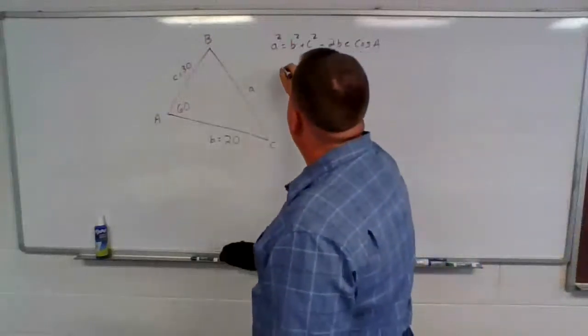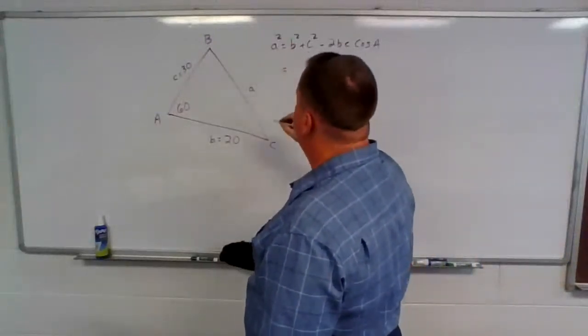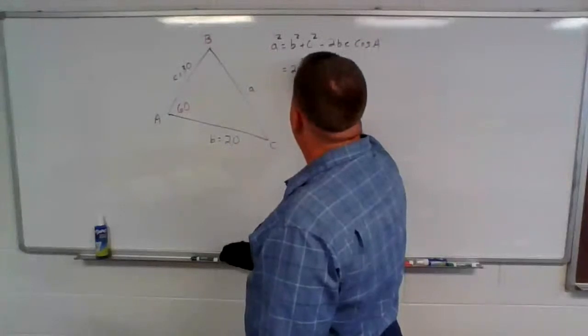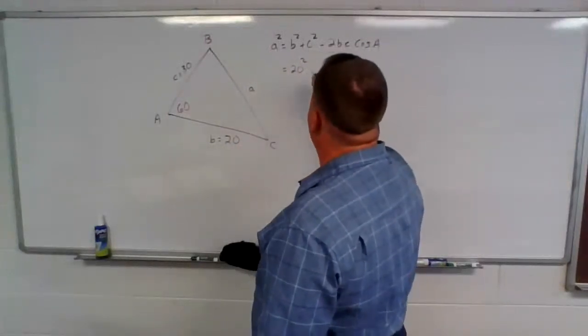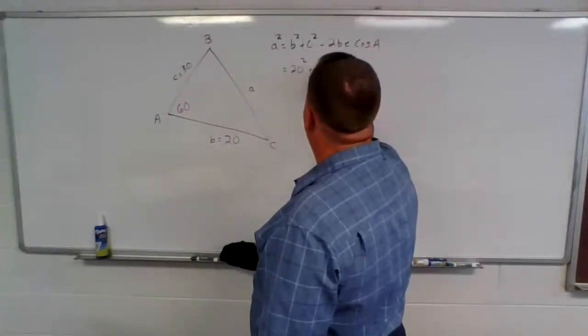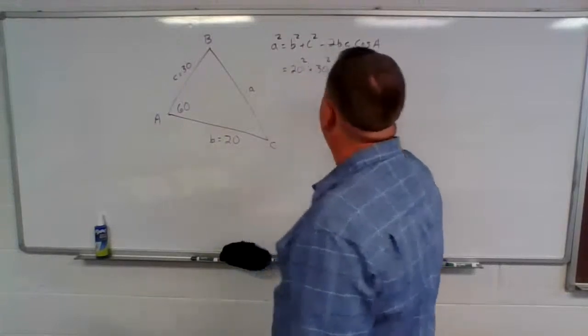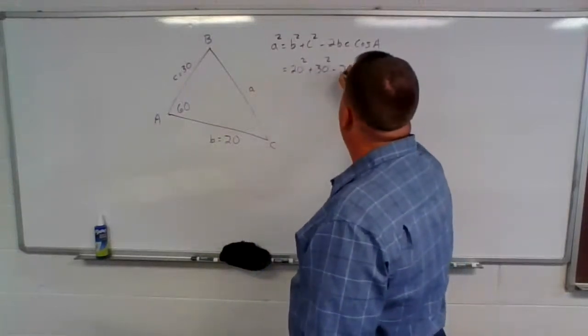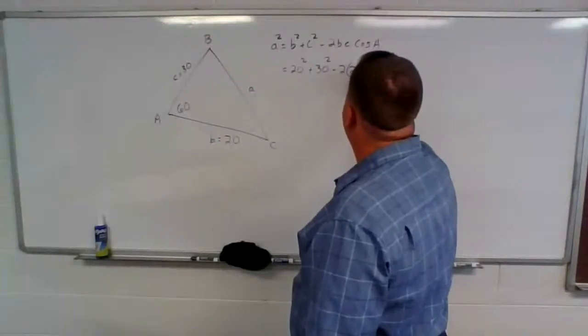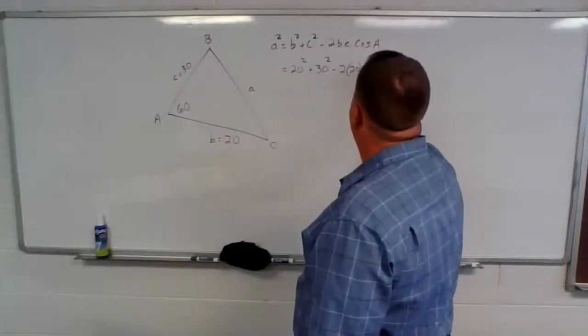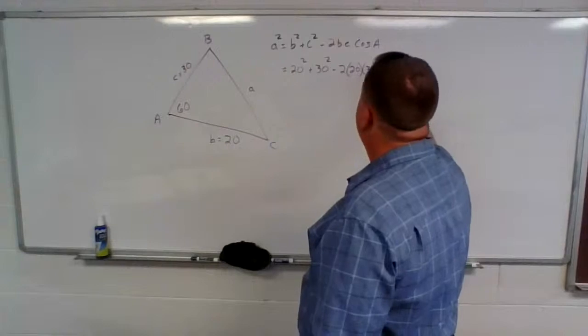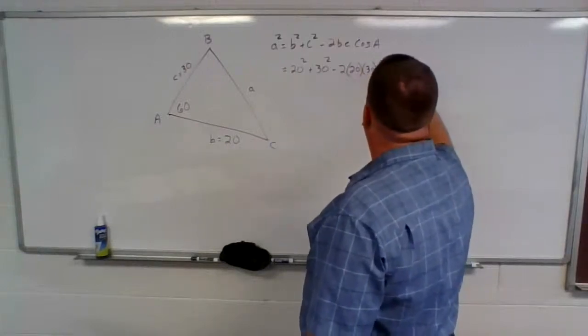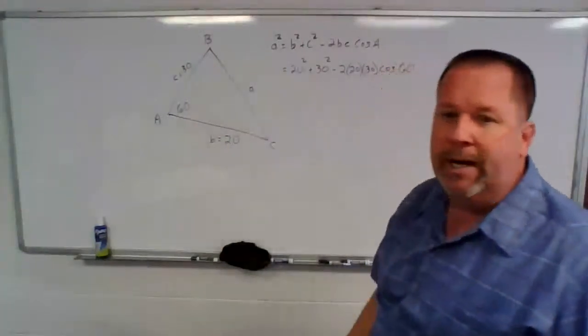But let's just drop in some values. a squared equals 20 squared, that's the value of side B, plus 30 squared minus 2 times 20 times 30 times cosine of 60 degrees.